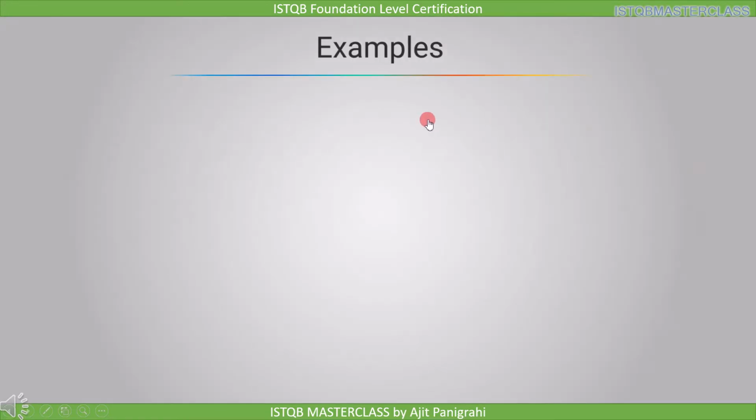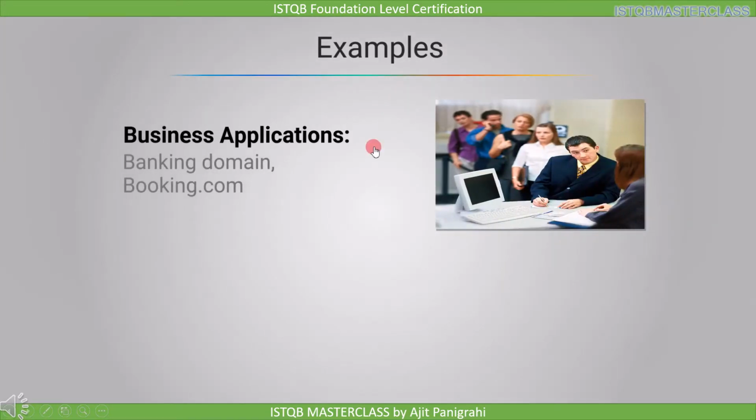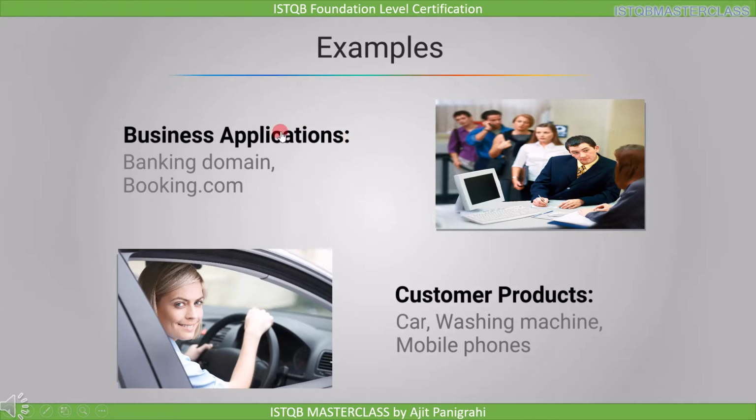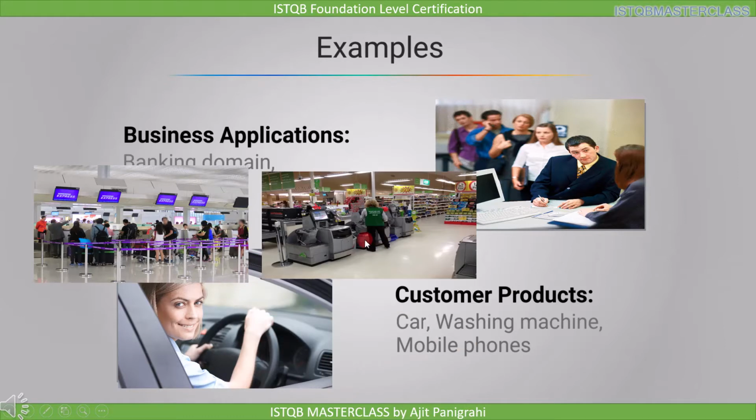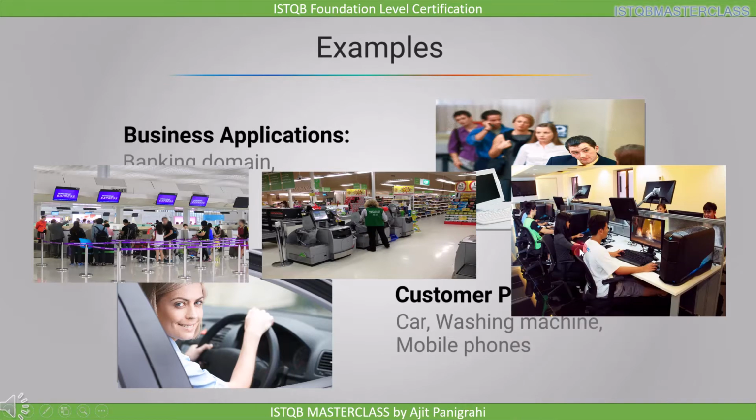Now let's see some application of software. First example is business application and the second one is customer product. Examples of business applications are when you go to airport to book your tickets, or when you go to supermarket to buy some items, or when you are working at your office. Software are all around us.